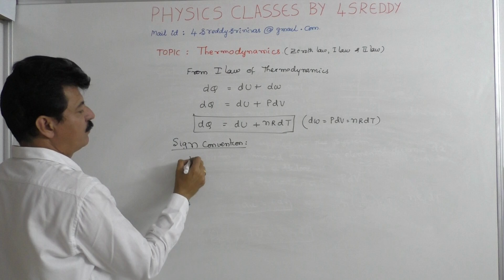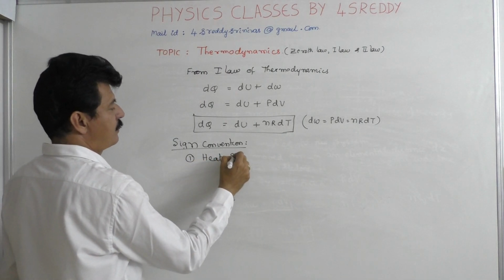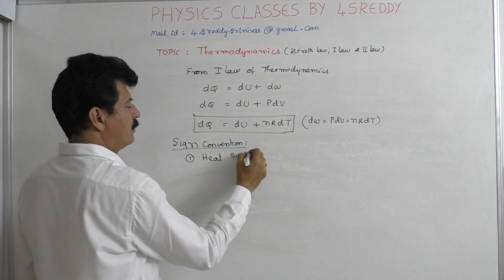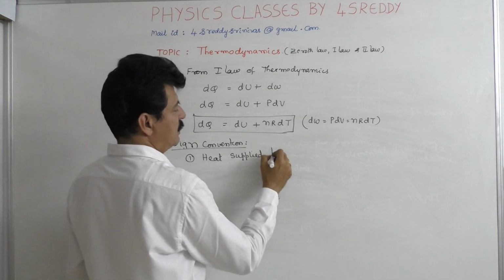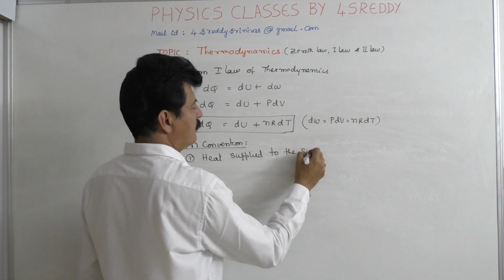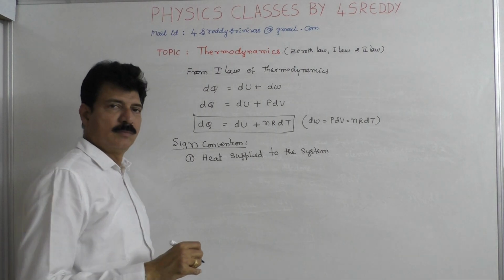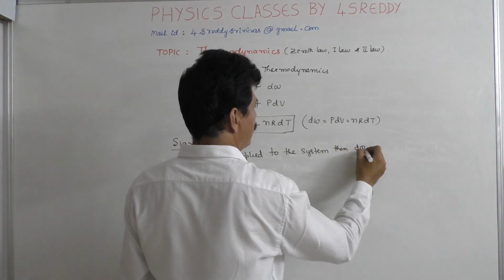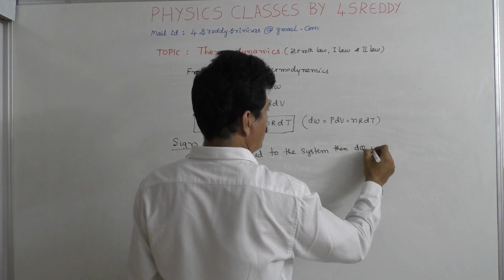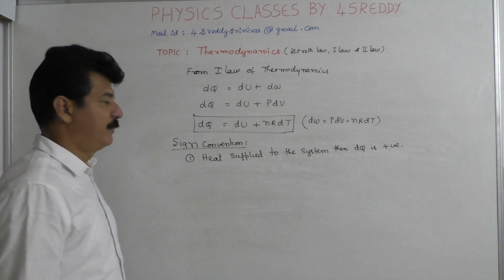In that, first point is heat supplied to the system, then Q is positive. Heat absorbed, otherwise both are same.